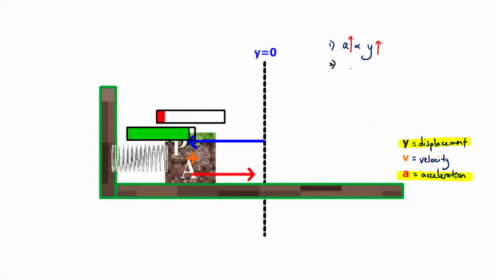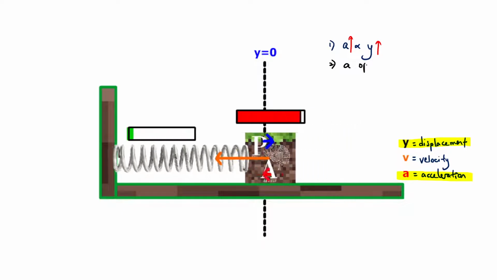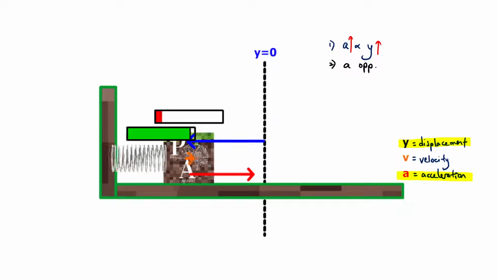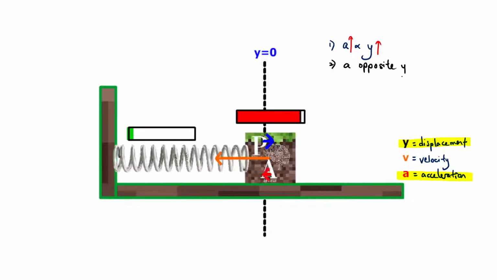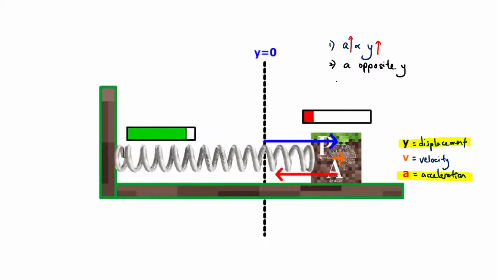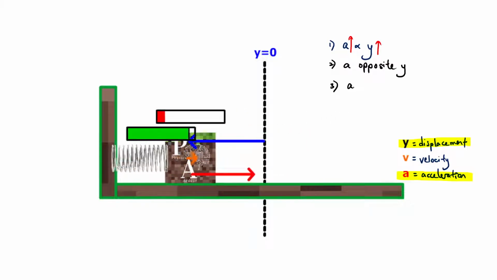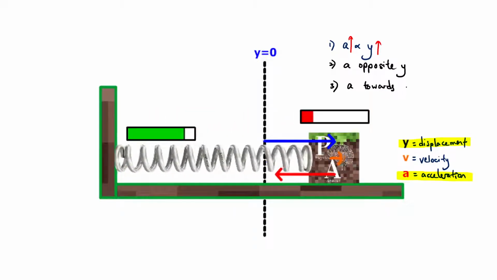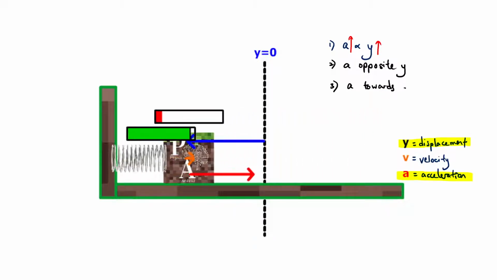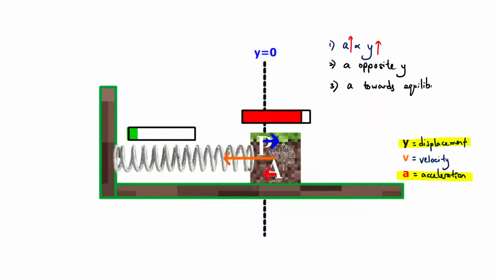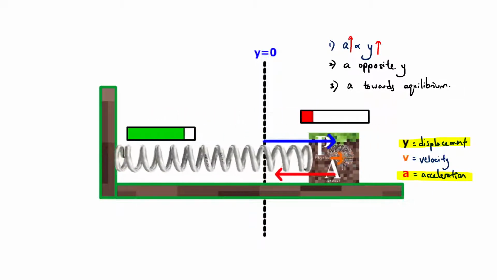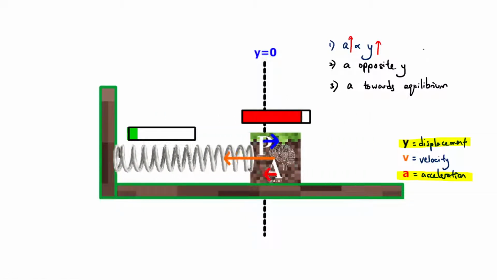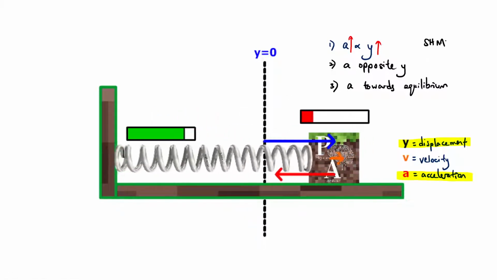The second thing you notice is acceleration is always opposite displacement, always opposite direction. The third thing you can see, acceleration always points towards what? Equilibrium. Okay, so this is the meaning of SHM, the definition.